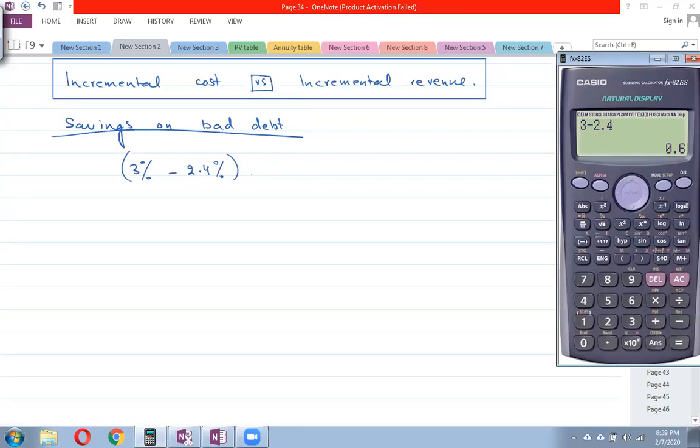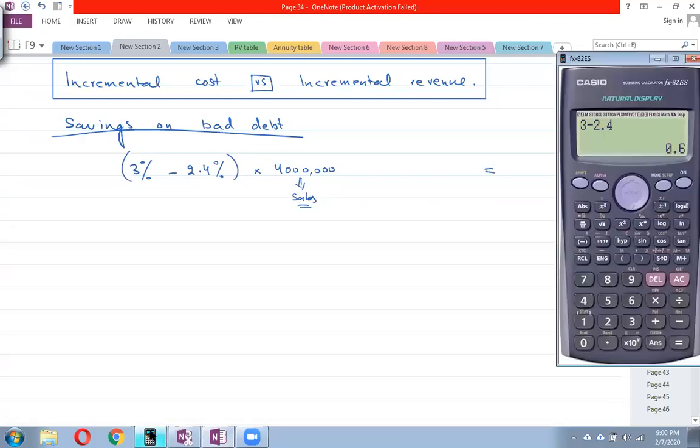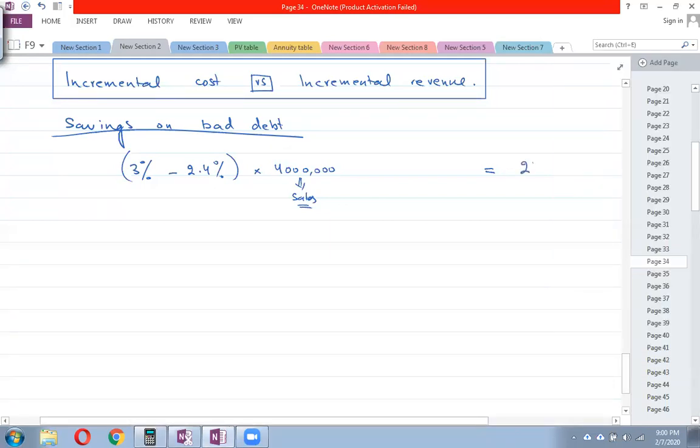So bad debt savings is 0.6% of sales. How much will be the savings in the bad debt? Can you do this? Is it 24,000?